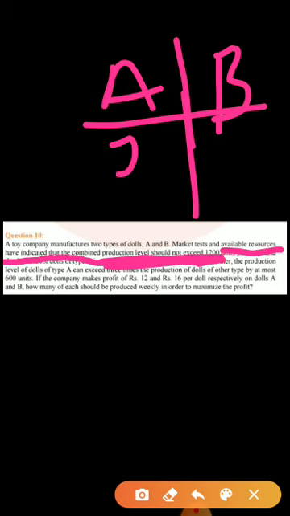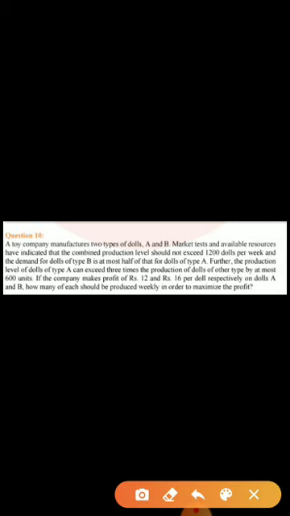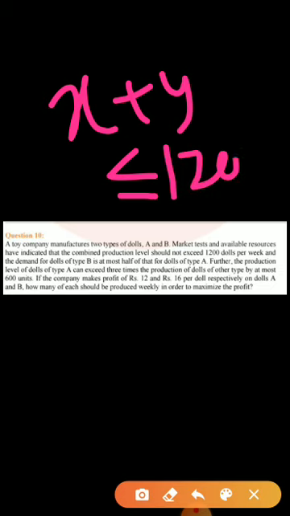So suppose x is the number of dolls of type A and y is the number of dolls of type B. It should not exceed 1,200, so I write x plus y less than or equal to 1,200. Is that clear?